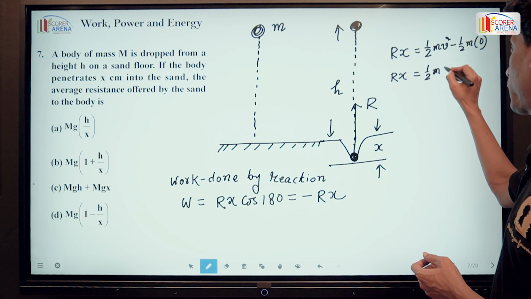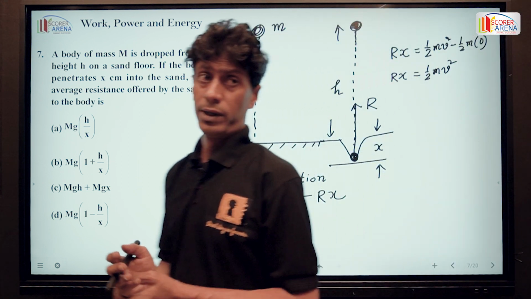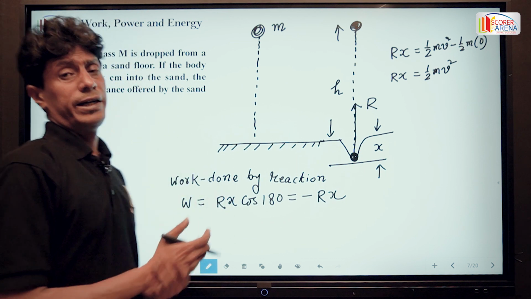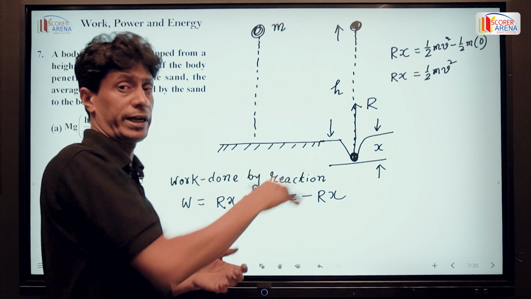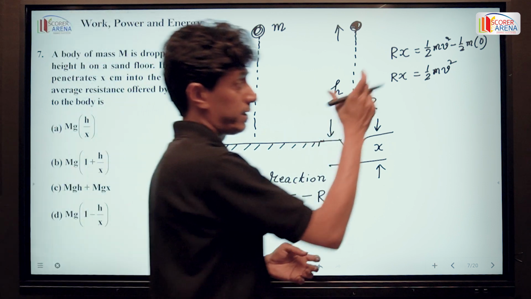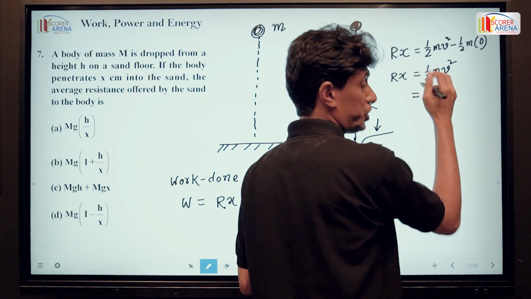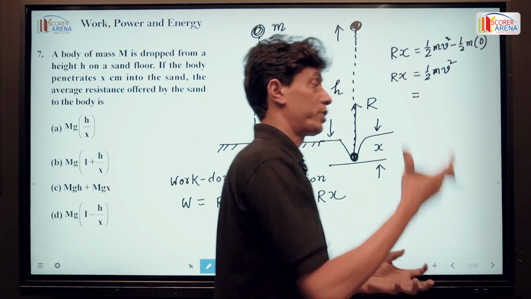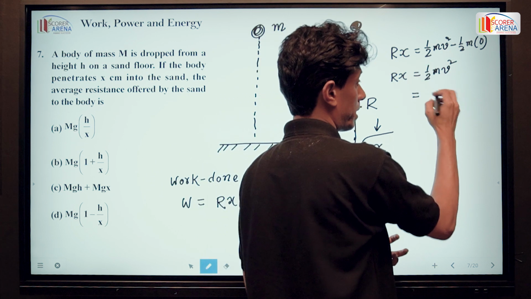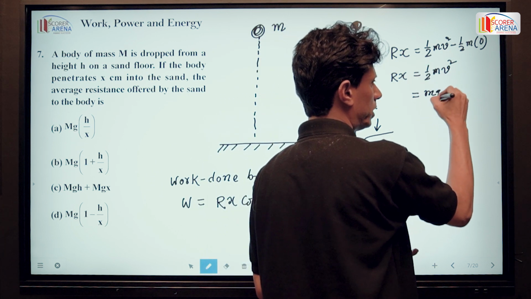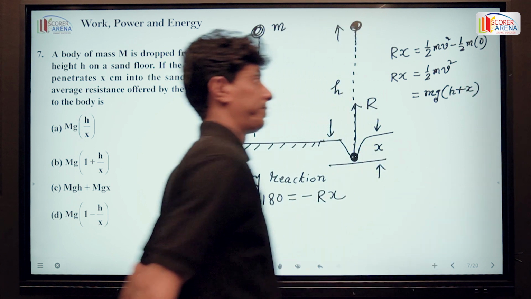So therefore it is half mv square. Finally the kinetic energy of the body becomes 0. And you know, when the body falls under gravity, this kinetic energy comes from the change in potential energy. So potential energy converts into kinetic energy. So therefore this kinetic energy comes from mg(h plus x).